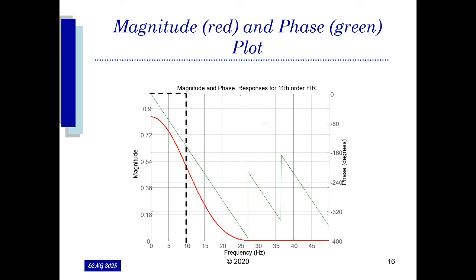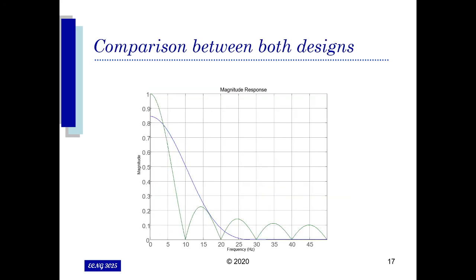In comparing the magnitude responses of the moving average filter and the Hamming window filter, we can see here that the Hamming window filter tends to do a somewhat better job than the moving average filter in particular.